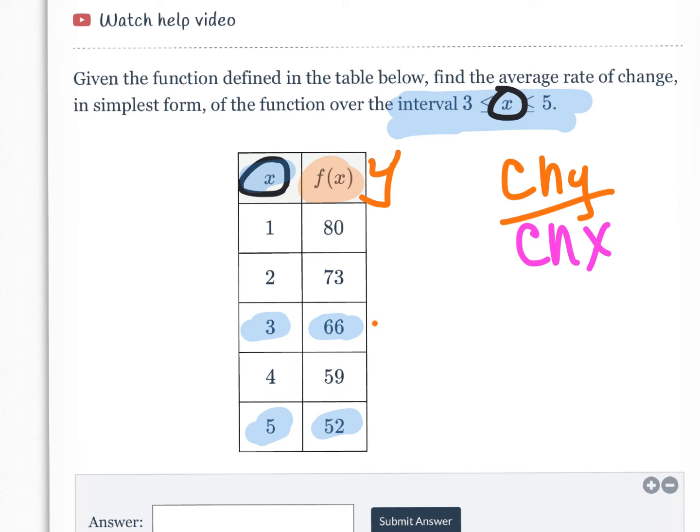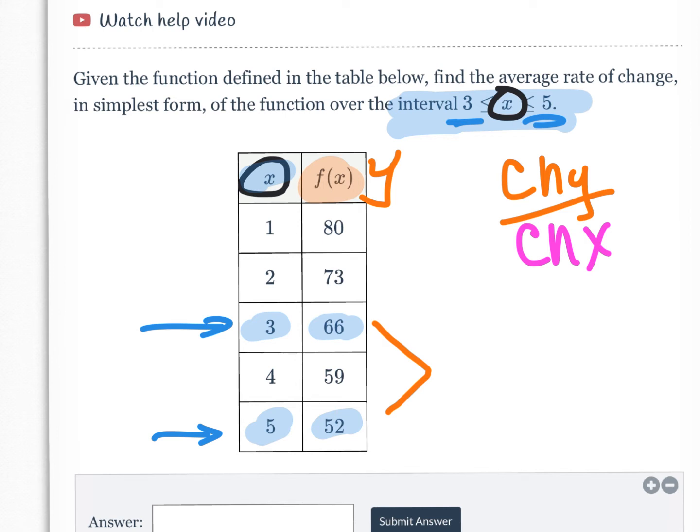So if I look at my y values, why did I decide to start down here at these two? Because the problem told me to go where x is between 3 and 5. So I went to that spot on the table. Let's figure out my change in my y. First of all, from 66 to 52, is that going up or is that going down?